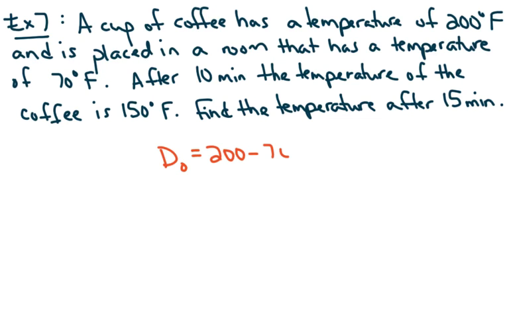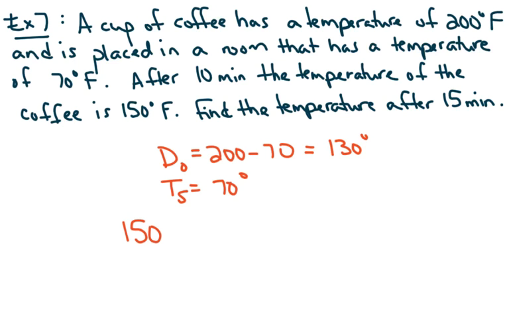The initial difference is the initial temperature of the liquid minus the room temperature, which is going to be 130 degrees. I know the surrounding room is 70 degrees. And I do know that after 10 minutes, the temperature of the coffee is going to be 150 degrees.